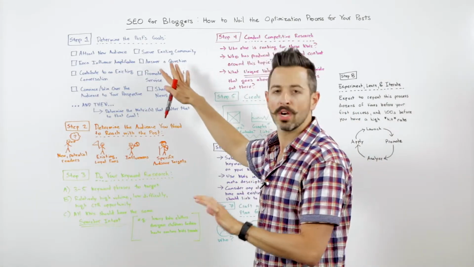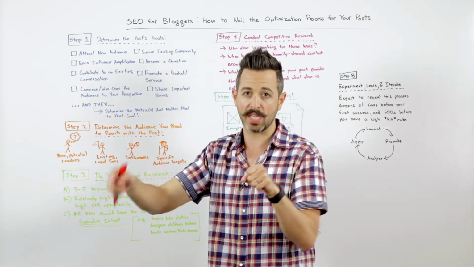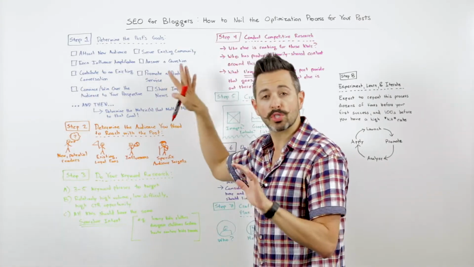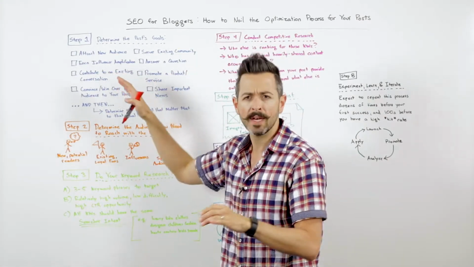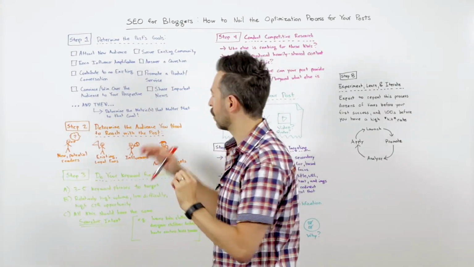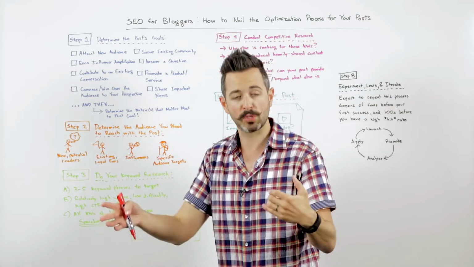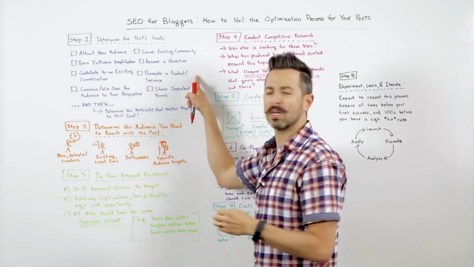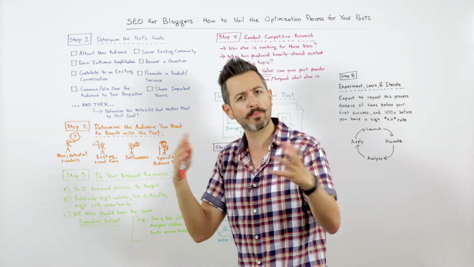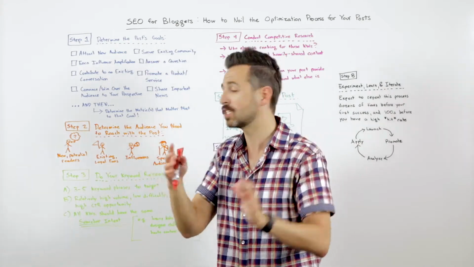So let's start. First off, as you should always do, you should determine what the goal of the post is. And you should have that in your head or written down before you start creating the post, right? So that could be, hey, with this post, I'm trying to attract a new audience in this particular sphere, or I'm trying to convince and win over people to my perspective on a particular topic, or I'm really trying to promote a product or service with this post, or share some important news about my organization or my company or something that's happening in my sphere.